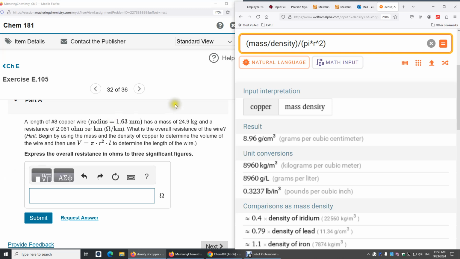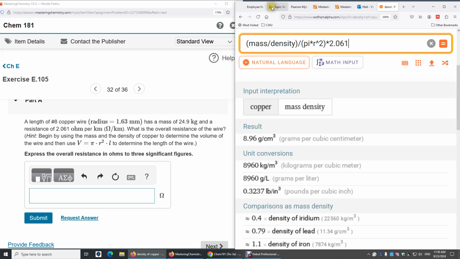Finally, the length of the wire times 2.061 ohm per kilometer will give us the resistance in ohm. So multiplied by 2.061 ohm per kilometer. Now we just need to make sure the units are used properly.